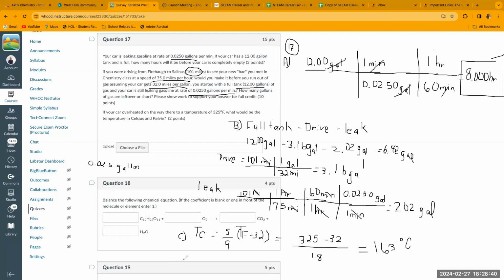So we'd go TC plus 273.15 is going to equal TK.